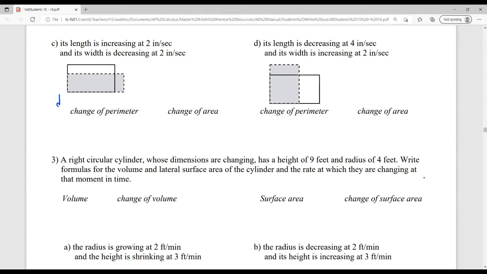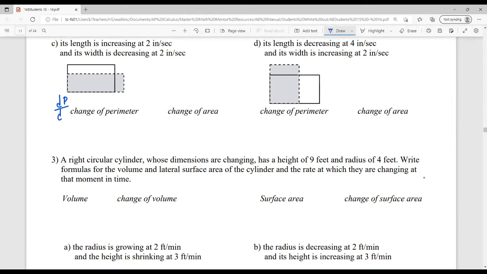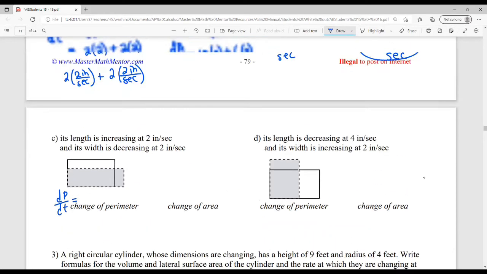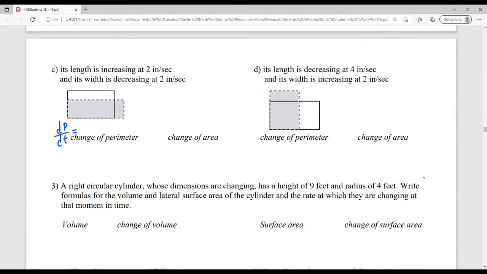So remember our change of perimeter formula, scroll back up, dP/dt is equal to 2 dL/dt plus 2 dW/dt. So we're going to plug that in. We get 2 times dL/dt. Its length is increasing, so dL/dt would be equal to positive 2 inches per second.